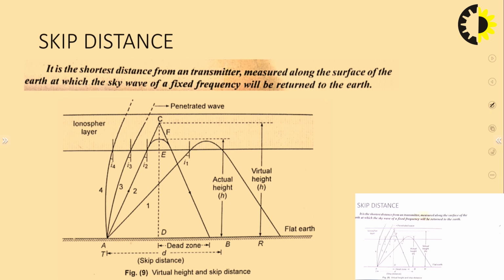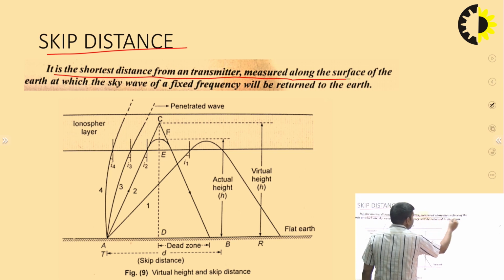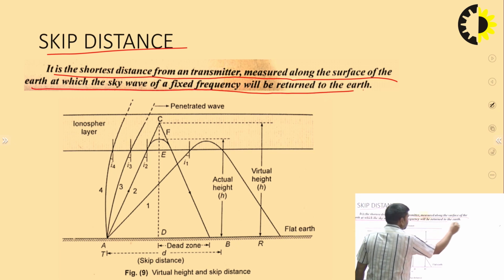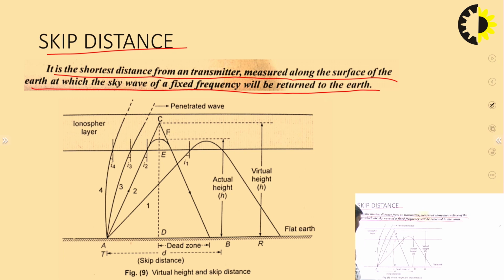So what is skip distance? Skip distance is very important. It is the shortest distance from the transmitter, measured along the surface of the earth, at which a sky wave of fixed frequency will be returned to the earth. In this case, this is the transmitter and this is the receiver.